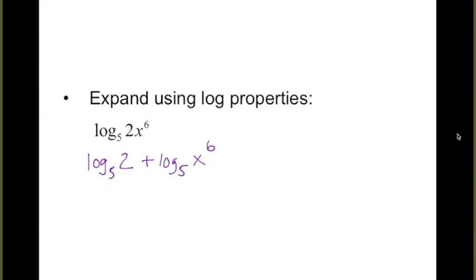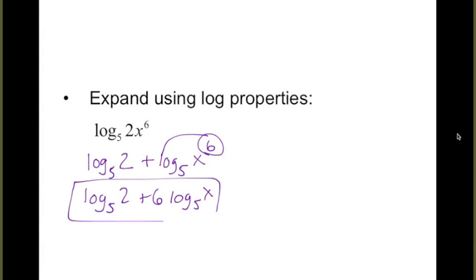We want a plain number, a plain letter. So we're going to take that power and drop it down in front. So it's going to become 6 log base 5 of x. Questions?